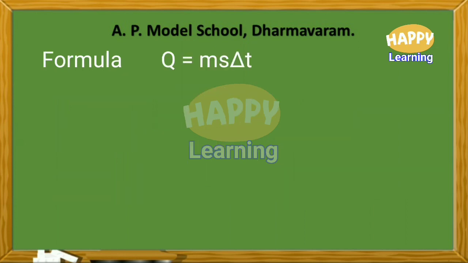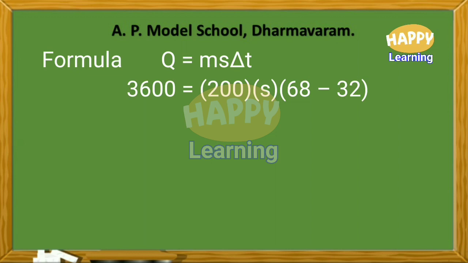Formula is Q is equal to m s delta T. Substituting the values: 3600 in place of Q, 200 in place of m, S is unknown and delta T means T2 minus T1, that is final temperature minus initial temperature, that is 68 minus 32.